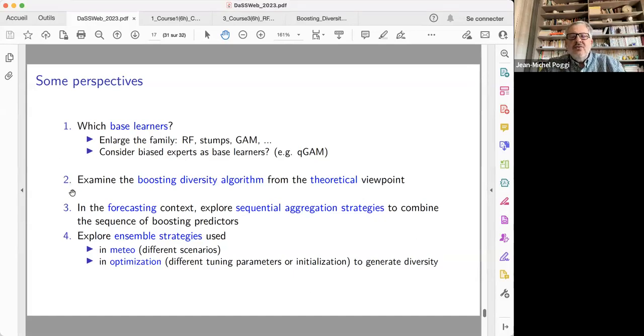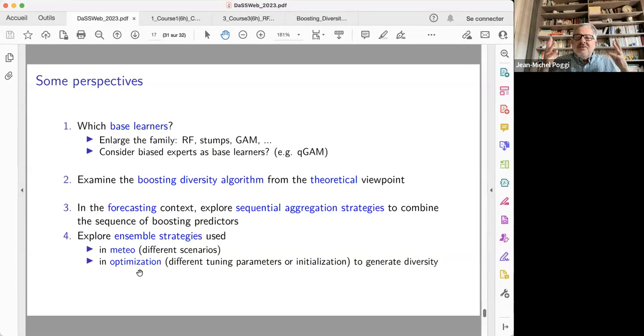The second way is to study the boosting diversity algorithm from the theoretical viewpoint and to try, for example, to obtain some kind of result in terms of statistical optimality. And the key point I just mentioned in my first example is to explore ensemble strategies, different scenarios in meteo, or different tuning parameters, on initialization, in optimization, also to have some mechanism.